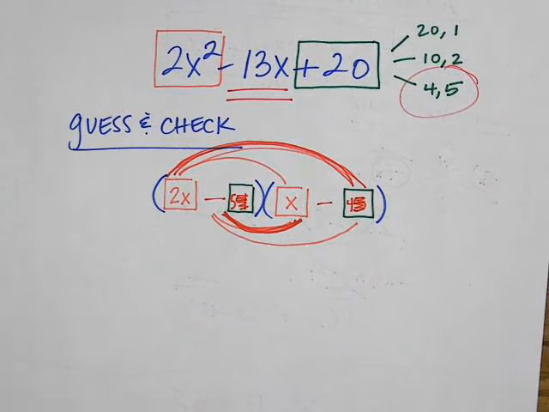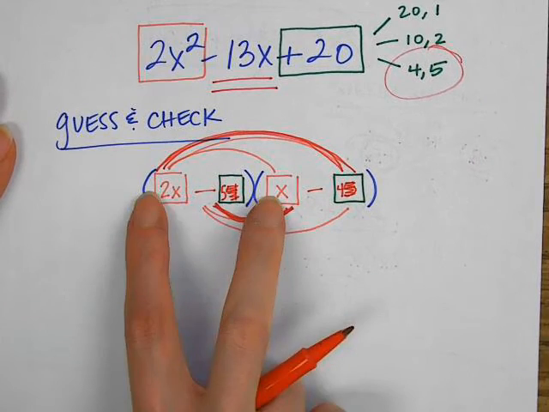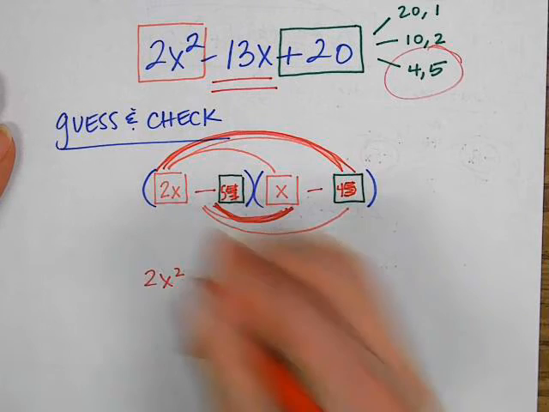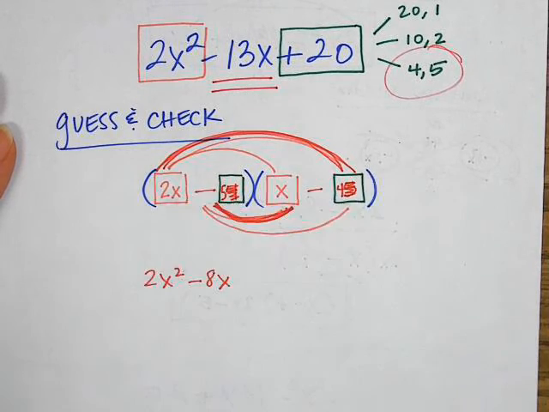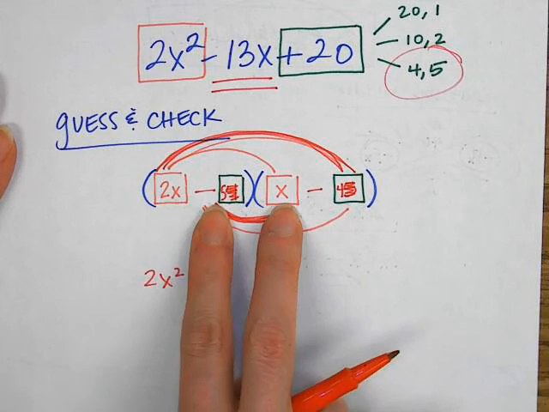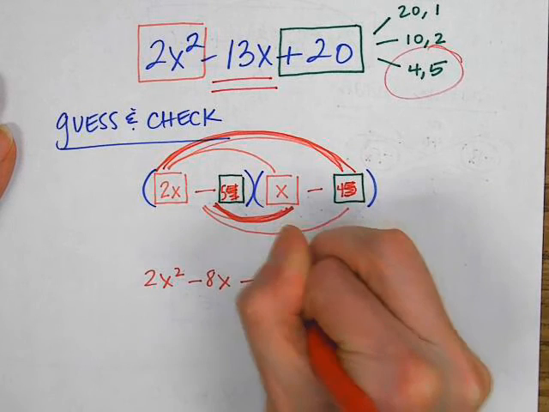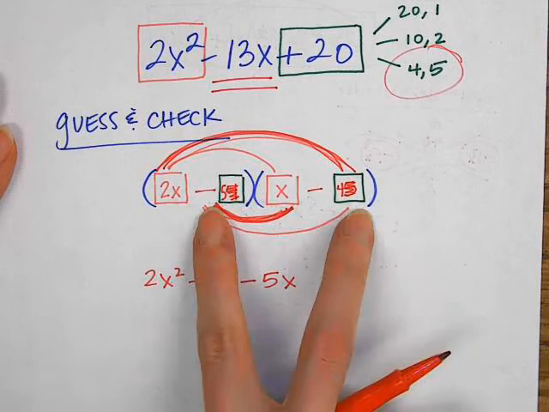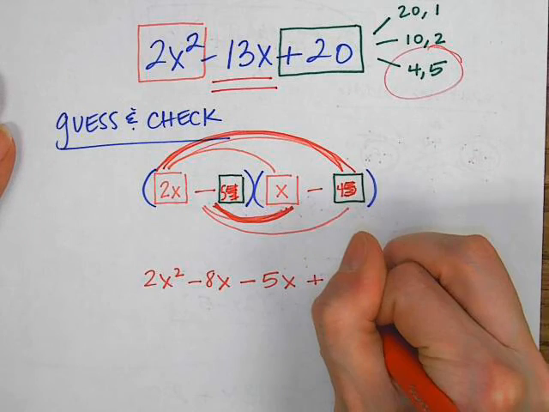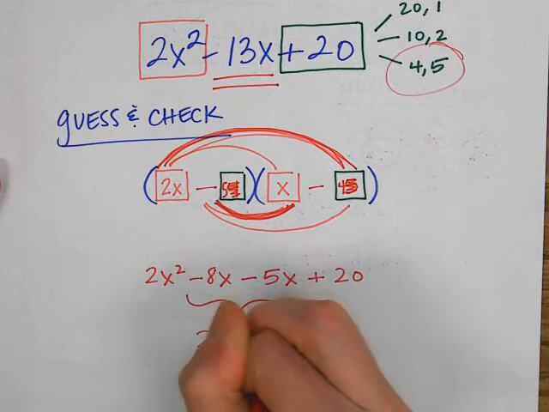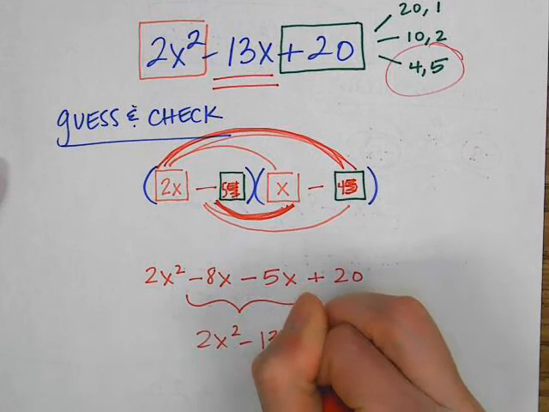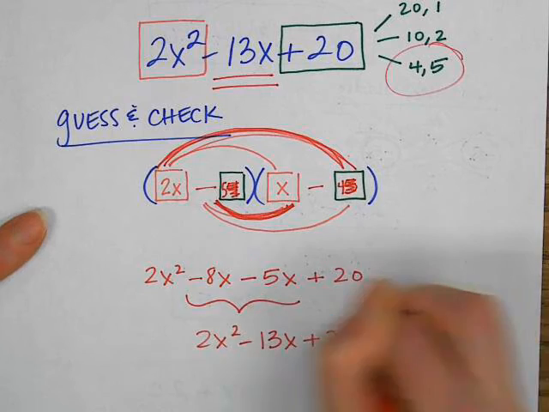So let's see if that works. 2x times x is 2x squared. 2x times negative 4 is negative 8x. Negative 5 times x is negative 5x. And negative 5 times negative 4 is plus 20. If you add the like terms in the middle, we do get 2x squared minus 13x plus 20.